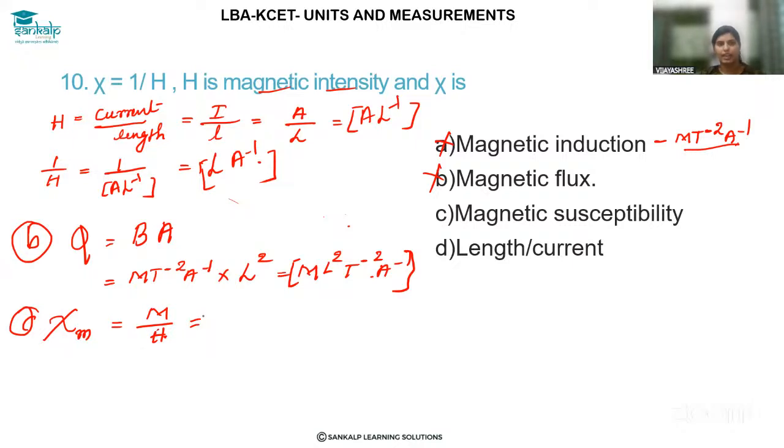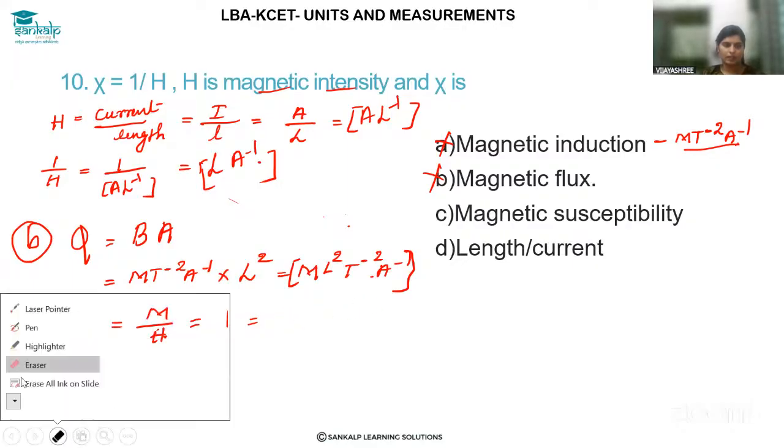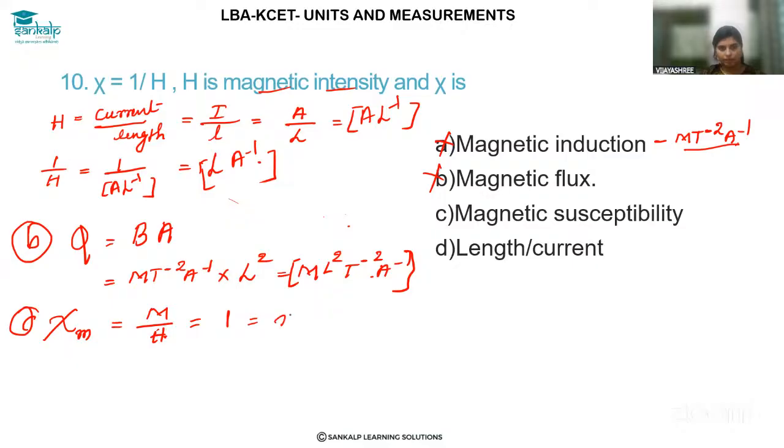So it will be equal to 1. So Xm is equal to 1. It has no dimension. It is a dimensionless quantity.